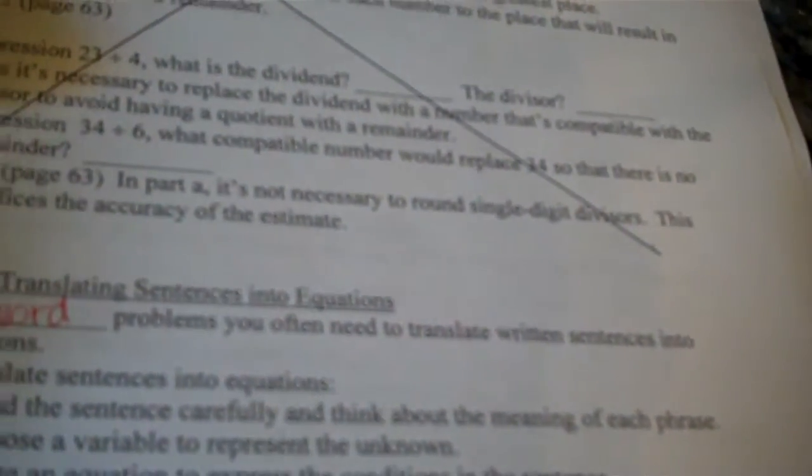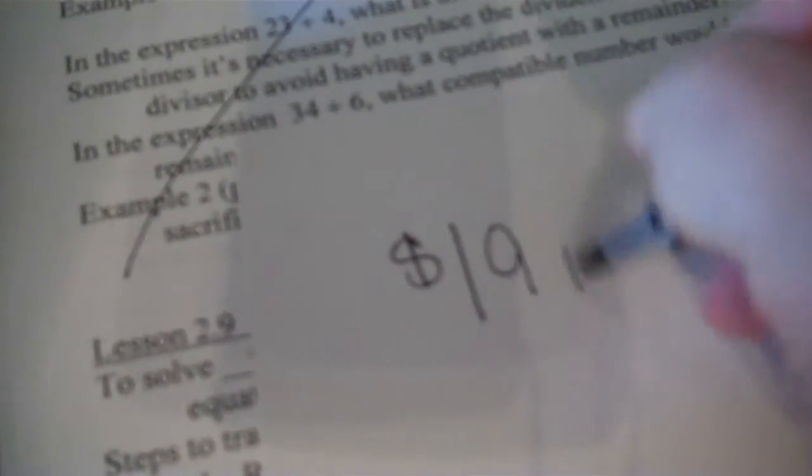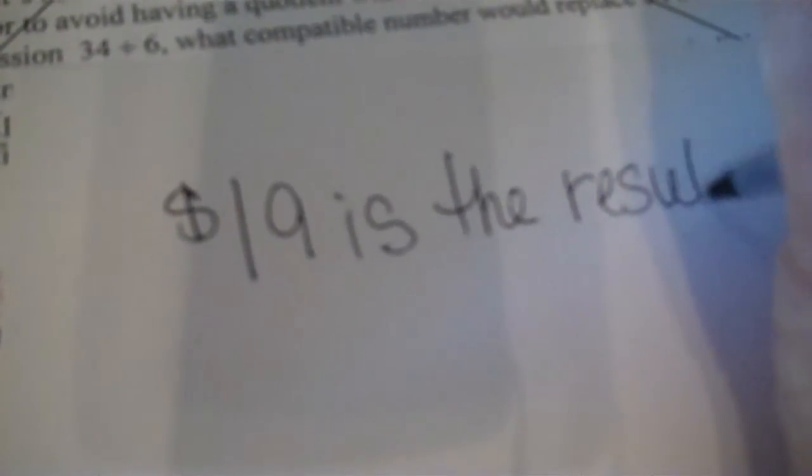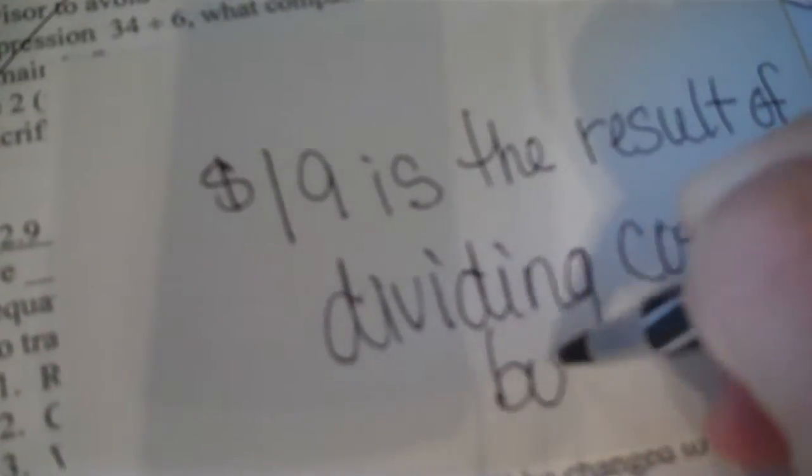All right, look at page 67 at the top of it. There's another example. It says write an equation for the sentence. $19 is the result of dividing the cost of a tennis racket by 3. Okay, let's talk about what we've heard.